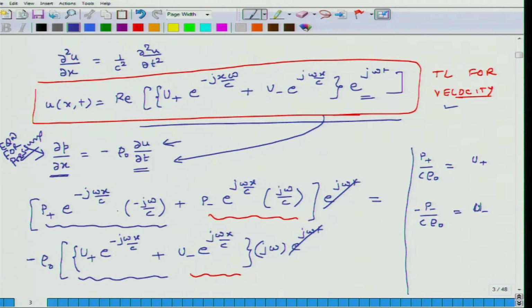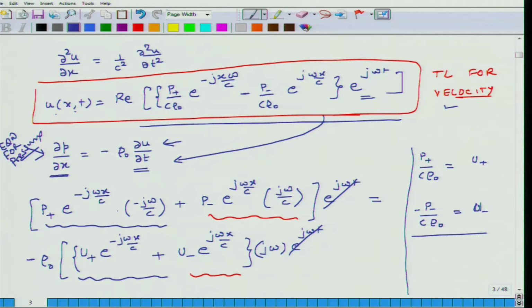Once I have this, I can modify the equation in red by replacing U plus by P plus by c rho naught, and replacing U minus by minus of P minus by c rho naught.